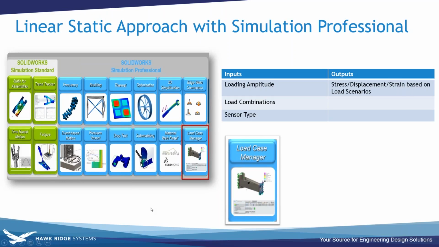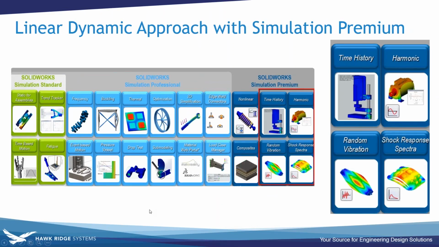But if we need more accuracy, if the standard requires, or if the actual test fixture was a shaker table, or if we wanted to incorporate some sort of seismic information, like what my model is going to do when it's experiencing some sort of earthquake, those inputs are a little bit more complex that we can't really do within a linear static approach, but we can do that within the dynamic studies available to us in Simulation Premium, right?